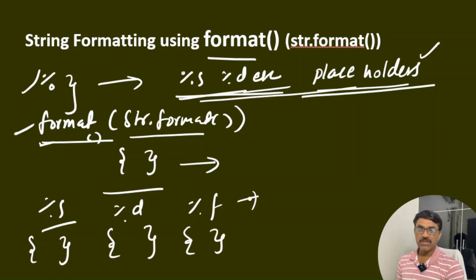The placeholders which we have used in the percentage or modulo operator are replaced by empty curly braces in the format function. That is very, very important. That is the main difference. We will discuss how to use these.